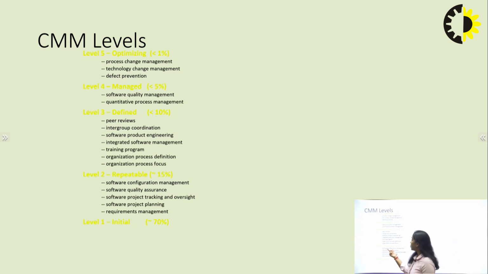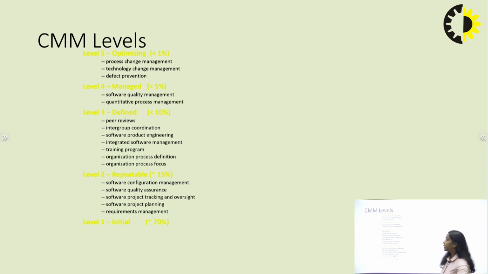That means software configuration management, software quality assurance, software project tracking, software project planning, and requirement management are all covered when we move to level two. So the requirement and quality assurance work is done in level 2.